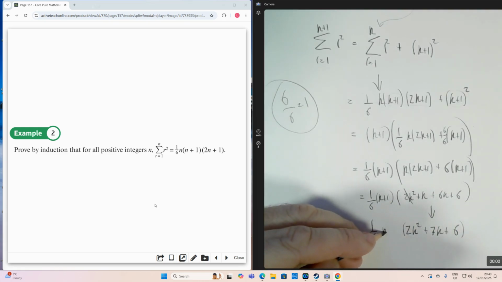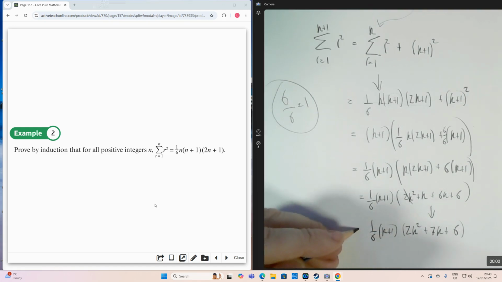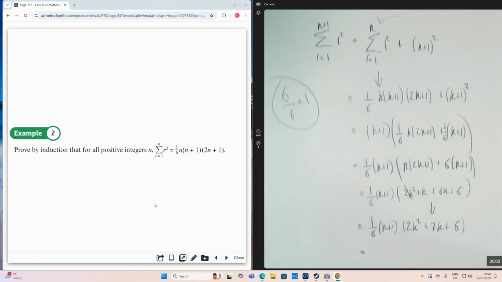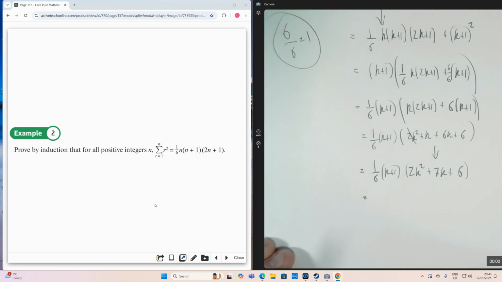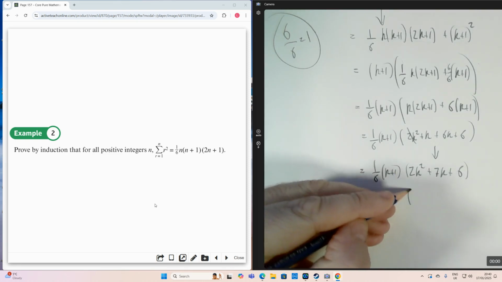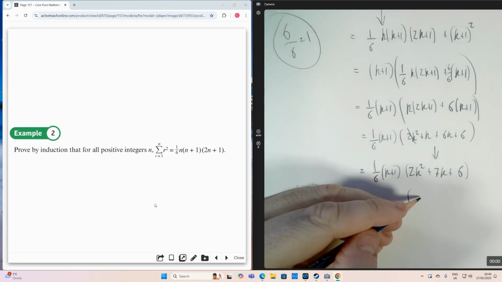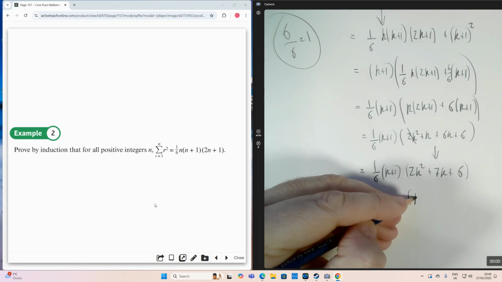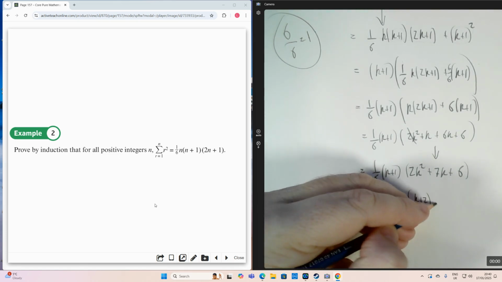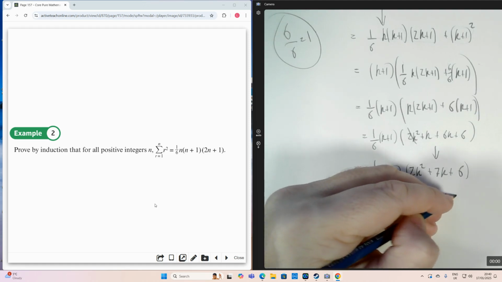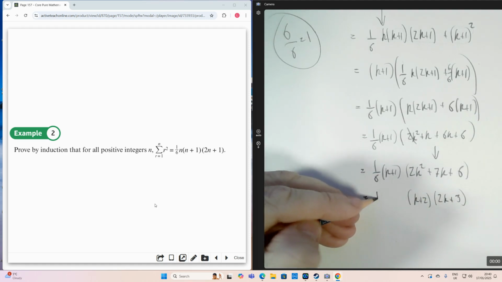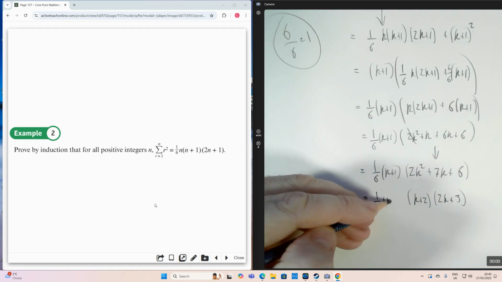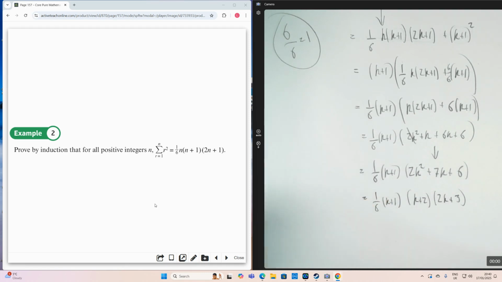Which in turn, we can either use our calculators to help us factorize that, or we can use inspection, or we could use an algebraic method. But however we do it, it factorizes into (k+2) and (2k+3). Okay, and we've got 1/6 and (k+1) there from before.